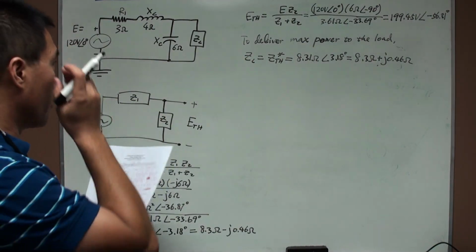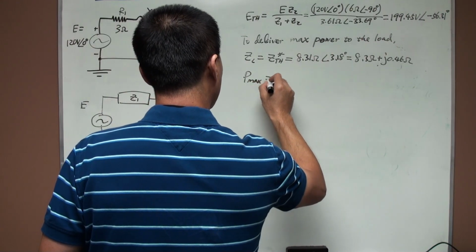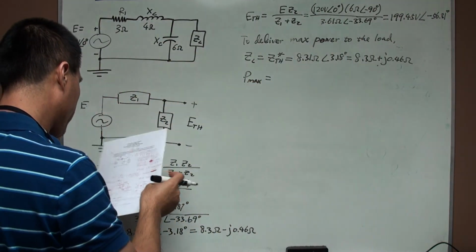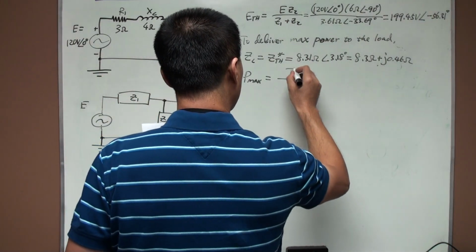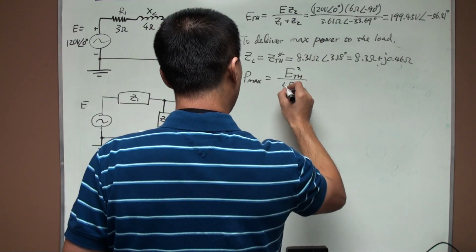So the maximum power Pmax will be equal to ETH squared over 4R.